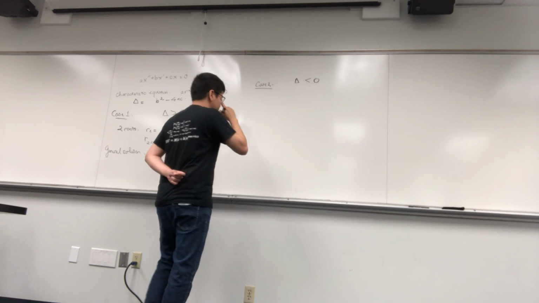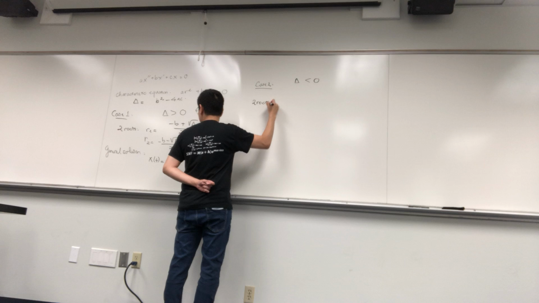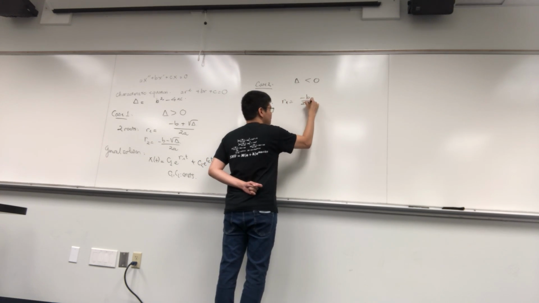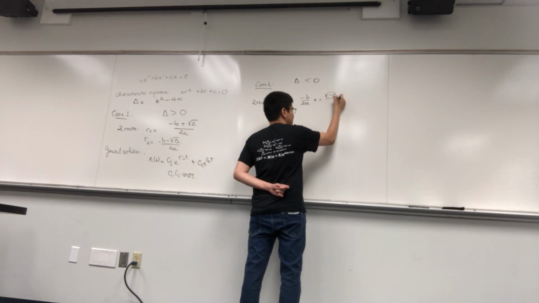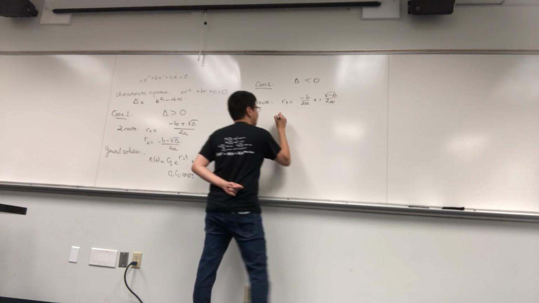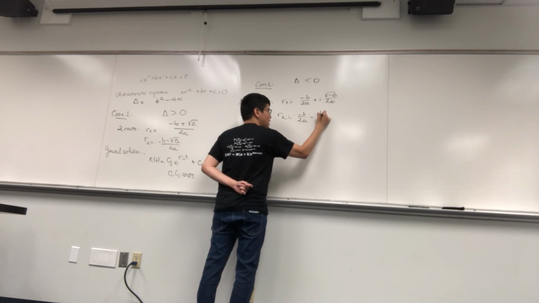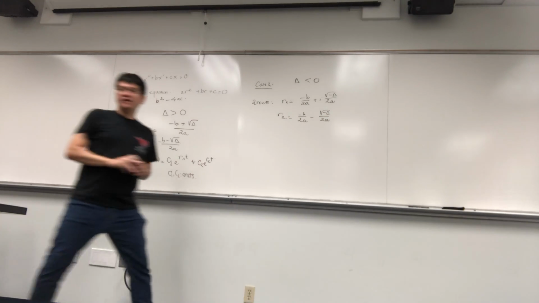All right? So then you also have two roots. r1 will be minus b over 2a plus i, the square root of minus delta over 2a. All right, and r2 will be minus b over 2a minus i times the square root of minus delta divided by 2a.